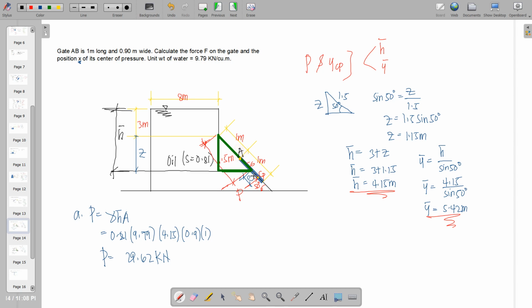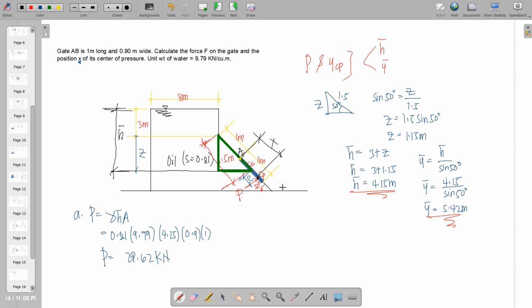So this is point A. Position x is from the center of pressure up to point A. That is the position x.